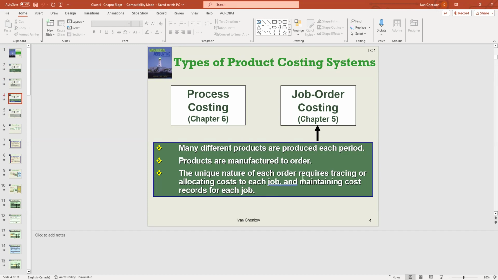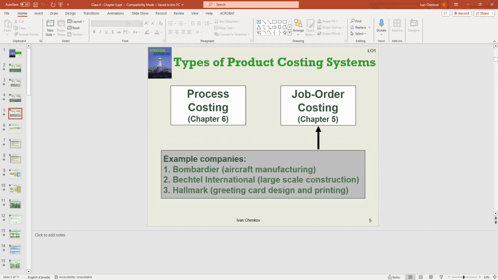Now, the unique nature of each product will require us to trace the cost for each job in order to calculate the cost of the product. An example of this will be Bombardier.